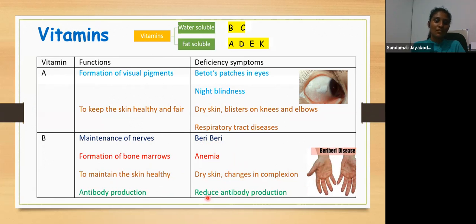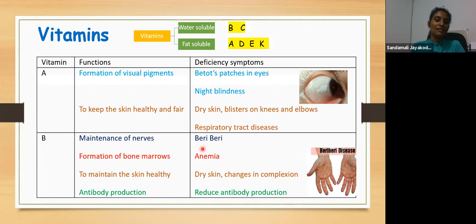And also if there's a vitamin B deficiency, there's a symptom which is due to reduced antibody production. If we get an attack of a pathogen, there's reduced antibody production. Not much antibody is produced, so we will get a disease easily.